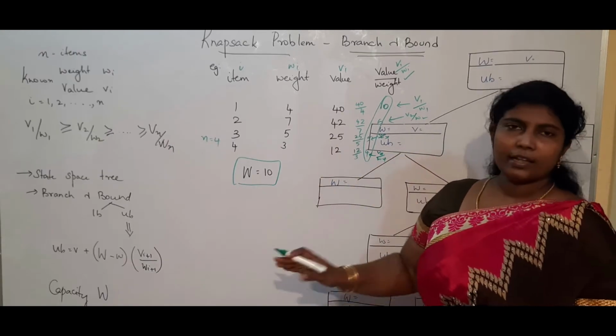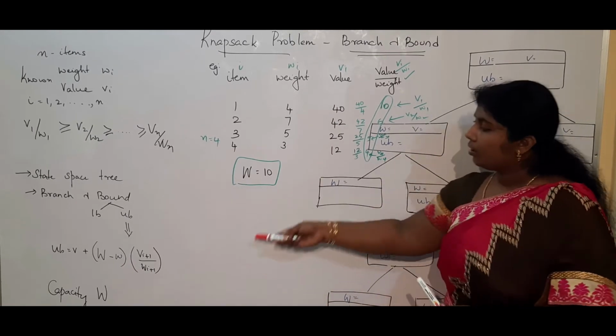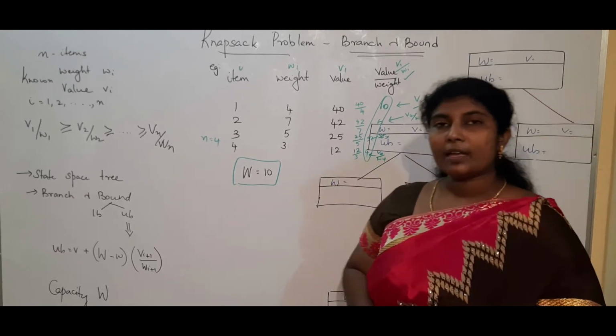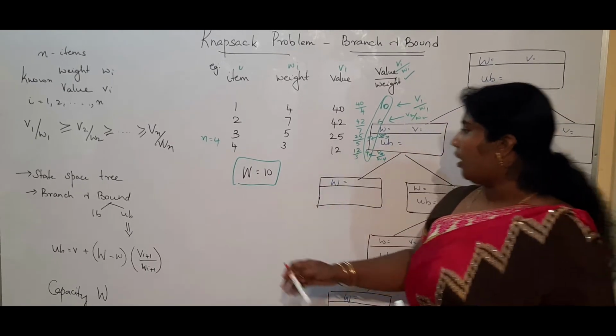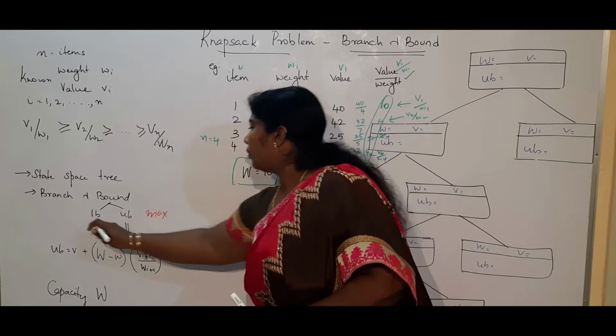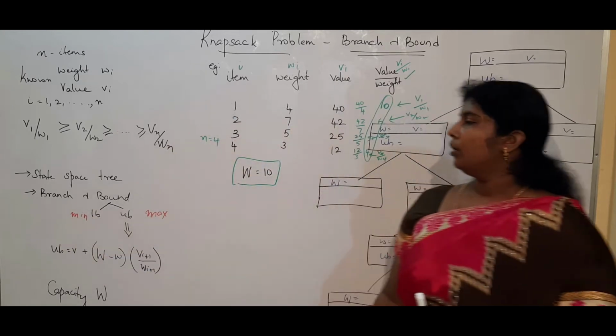Hope it is clear and there is no doubt for you. Now we have to calculate the upper bound. Since we want the maximum value, we calculate the upper bound. If it were for the minimum, then the calculation would have been for the lower bound.